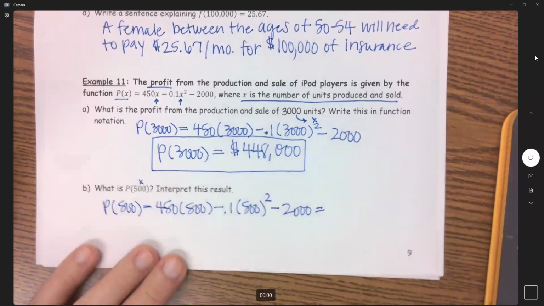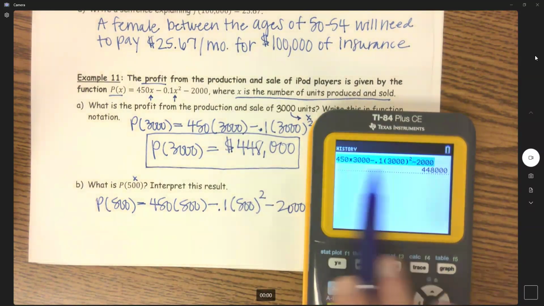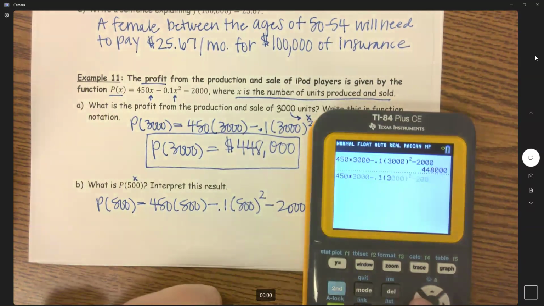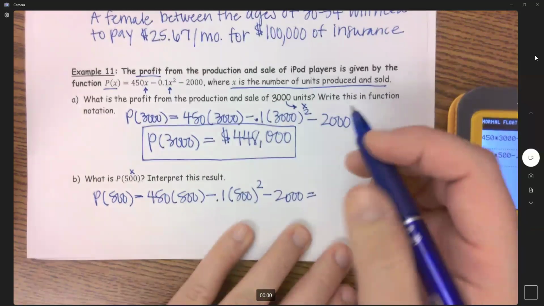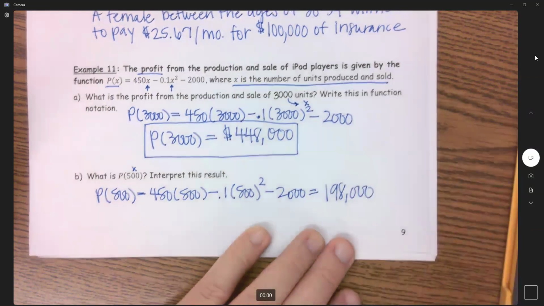If you typed this one in with me, now all we have to do is arrow up, highlight that equation, hit enter, and now I can edit it. I don't need to retype all of that. I'll change that 3 to a 5 and delete one of those zeros. And we get 198,000.